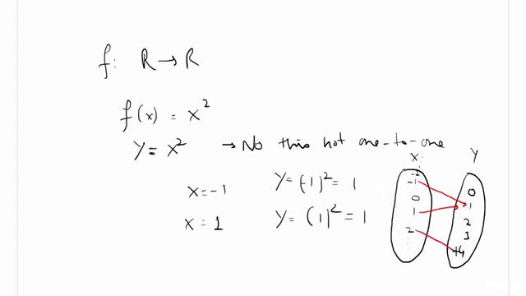Similarly, 2 will give me 4 and -2 will also be mapped to 4, because the square of -2 is also 4 and the square of 2 is also 4. So this is not one-to-one, because we are getting the same element y for two different values of x. Or you can say that one single element of y is mapped to more than one element of set X. Alright guys, so this is not one-to-one. Clear with the concept of one-to-one?